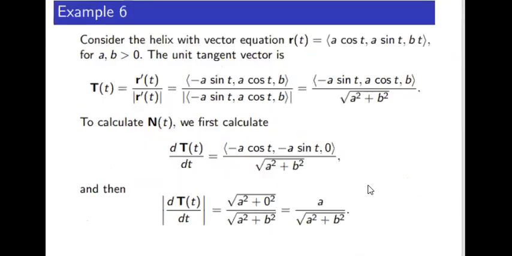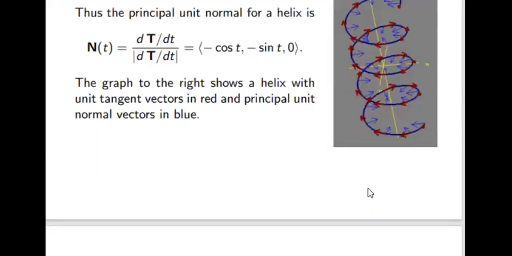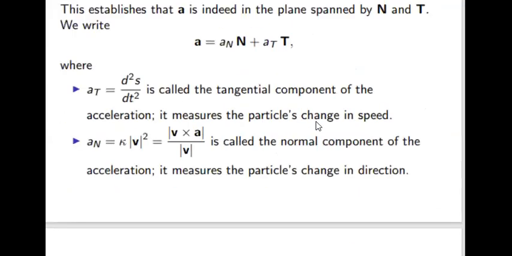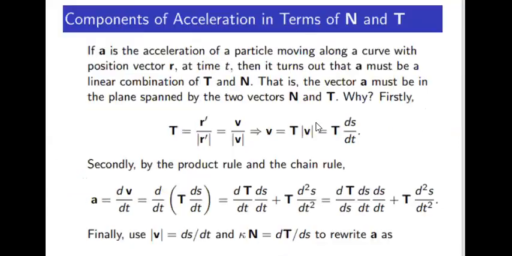So I think I didn't have time to discuss this last time. If we discuss the physics problem here, let's assume a particle is moving along a space curve, along a path in 3-dimensional space.